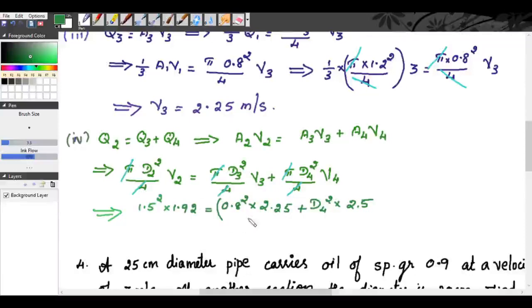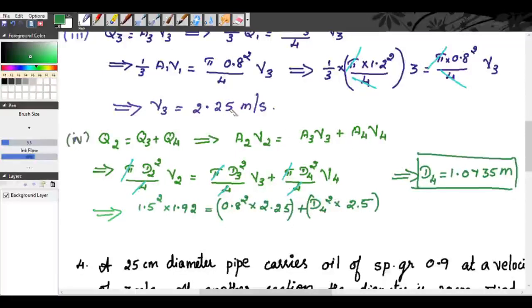So here the only unknown is D4, from which we get diameter in the fourth pipe, that is D4 will be equal to 1.0735 meter. So this is our answer.